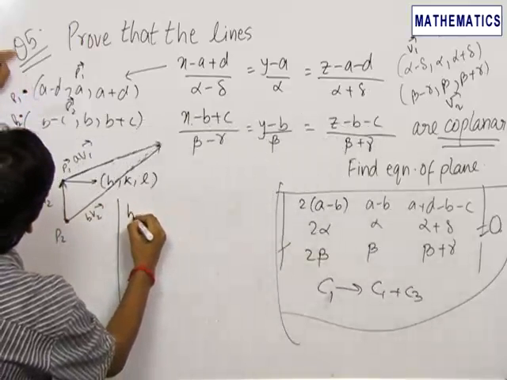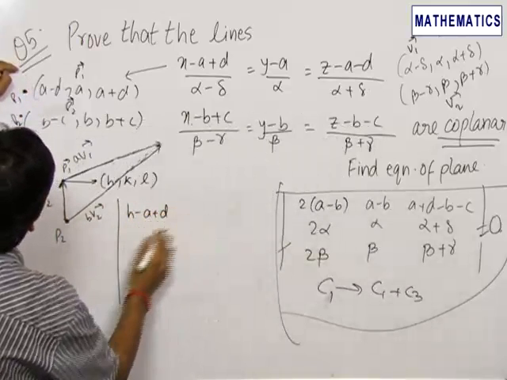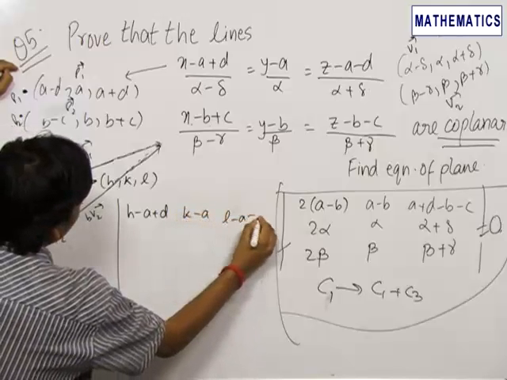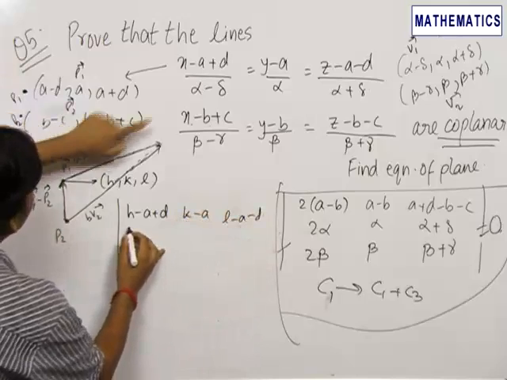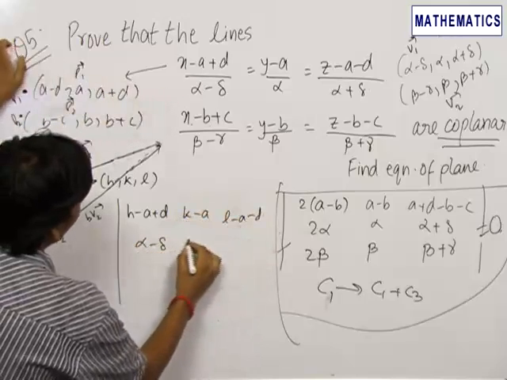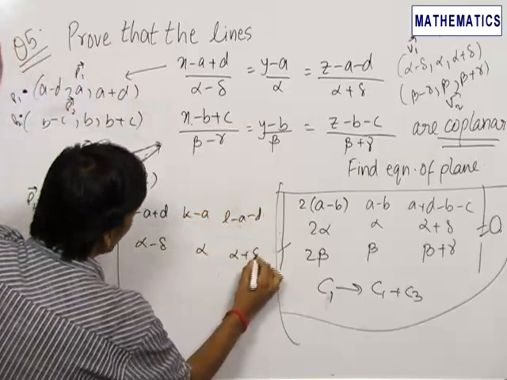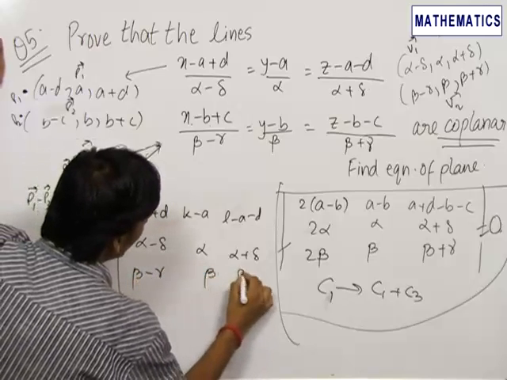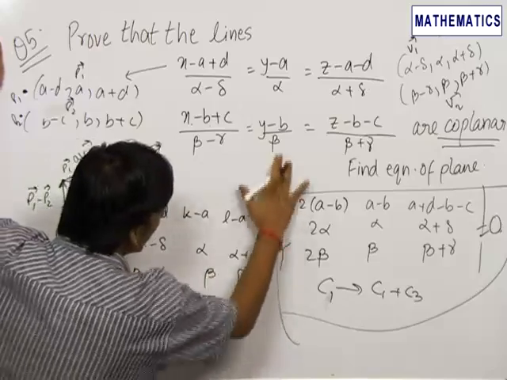h minus a plus d, k minus a, l minus a minus d, and again these two things, alpha minus delta, alpha plus delta, beta minus gamma, beta and beta plus gamma, this to be equal to 0.